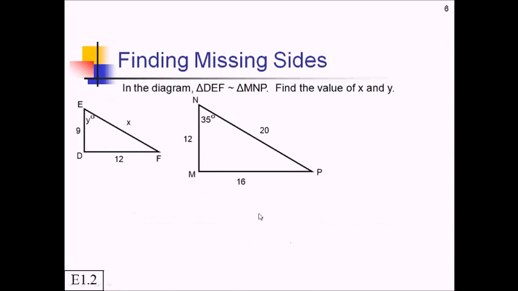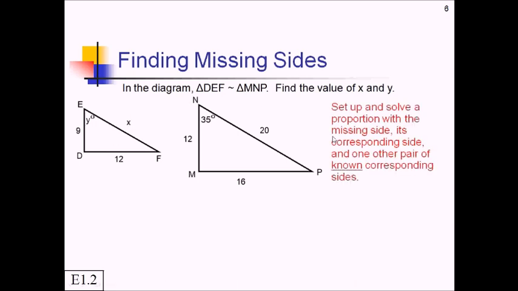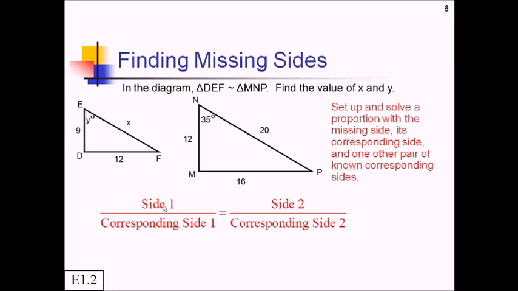Let's turn our attention to the other part of this problem now, which was solving for the value of x. X is a side. For sides, we're going to set up and solve a proportion that has the missing side, its corresponding side, and one other pair of corresponding sides that we already know. So we have a side that we already know, 9 and 12. That can be side 1 and corresponding side 1.